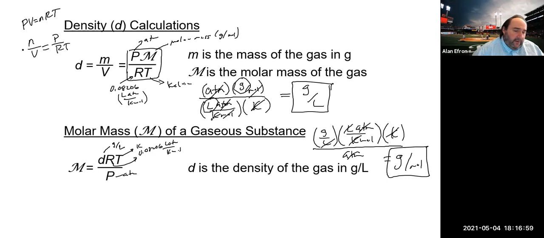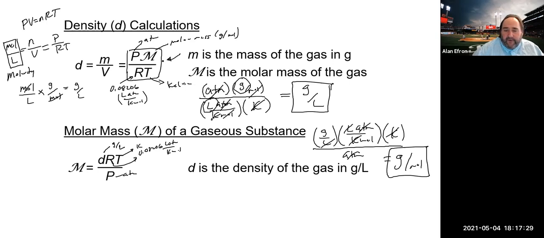N in the ideal gas law is moles and V is liters, so that is basically the molarity of our gas, the moles per liter. You then multiply by the molar mass from the periodic table. The moles will cancel, and you end up with grams per liter. That's exactly where this formula comes from.